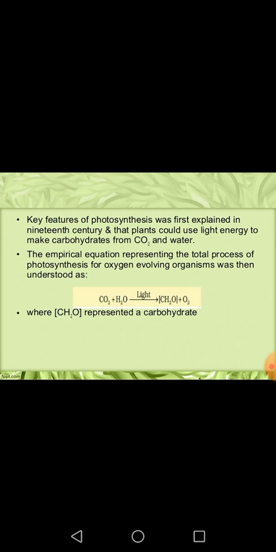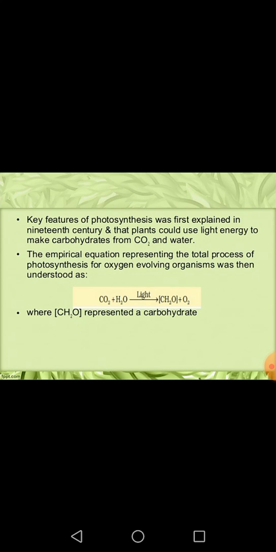You are observing one arrow, and on top of the arrow light is given, so it means the presence of light is essential. And here you are observing CH2O is mentioned, which represents carbohydrates, and oxygen gas is formed as a product.